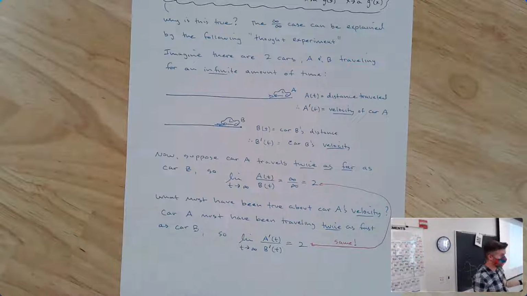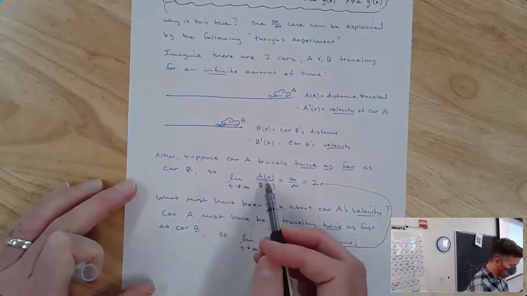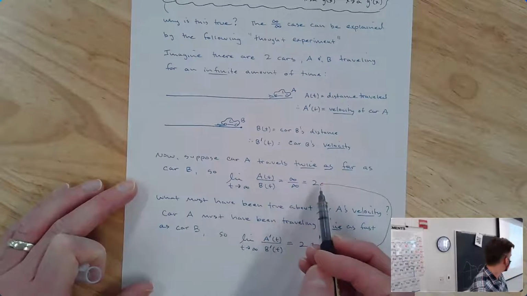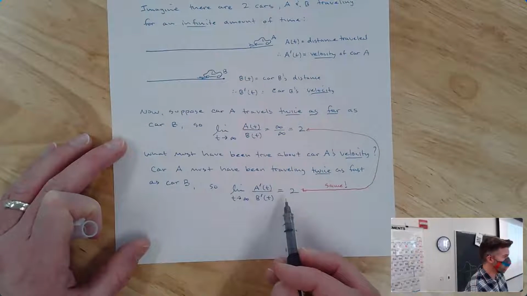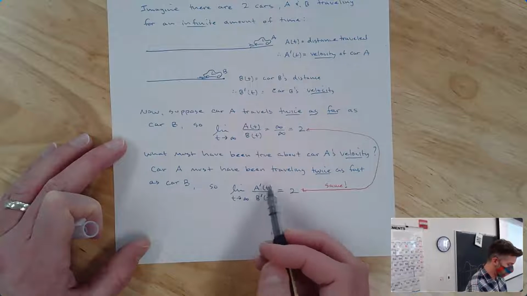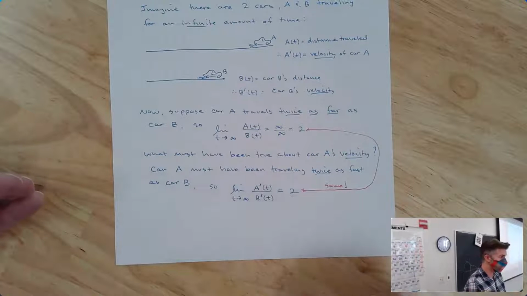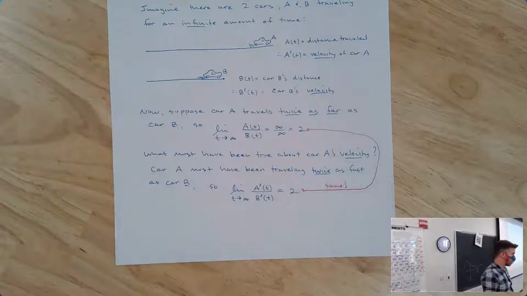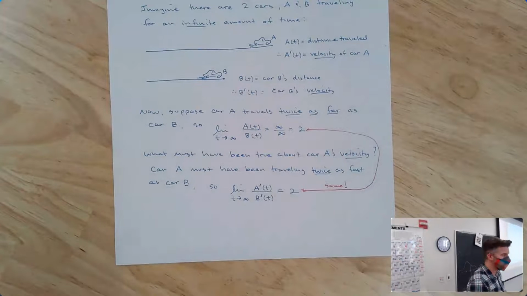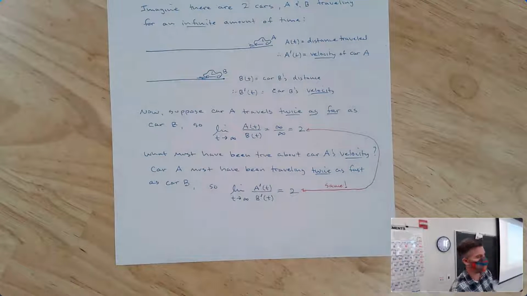That's the whole idea: the limit of the distance over the distance being 2 means that the limit as t goes to infinity of the velocity over the velocity also has to be 2, because A's velocity has to be twice that of car B. So that's a very broad strokes way to understand why L'Hôpital's rule works. You don't need to know this to use the rule, but it's nice to see that it at least makes some sense.